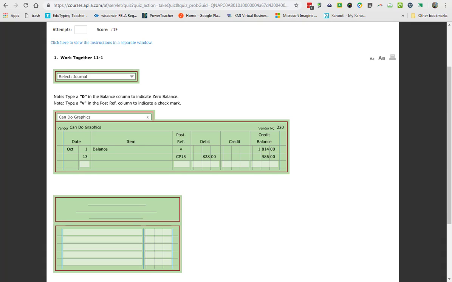Now notice here we have debit and we have credit. We had that before. This over here is different though. Notice, we only have one column for our balance. Before we had debit and credit. Now, this is an accounts payable account. Accounts payable have what for normal balance? Credit. We don't have a need for a debit balance column. We're never going to owe our vendor money.